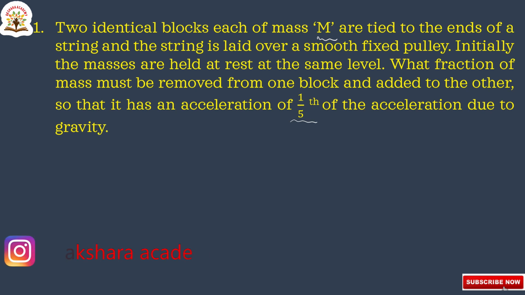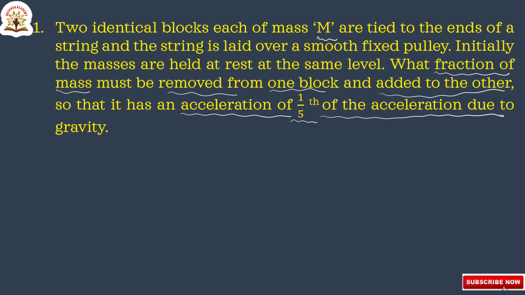Here we have to calculate the fraction of mass that must be removed from one block and added to the other. Here given acceleration a is equal to 1/5 of acceleration due to gravity. Now we are taking a pulley, and masses m are tied to the ends of this string.